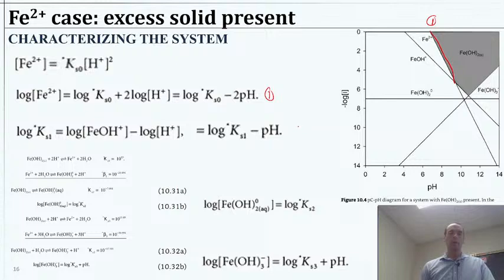We'll give this one a 2, follow the same procedure, and we get log K S1 minus pH. So we have a minus 1 slope here, and of course the relevant part is just this little corner. If we plot that line, we're essentially shaping another border for our system.